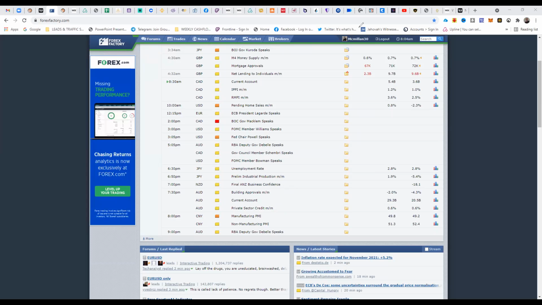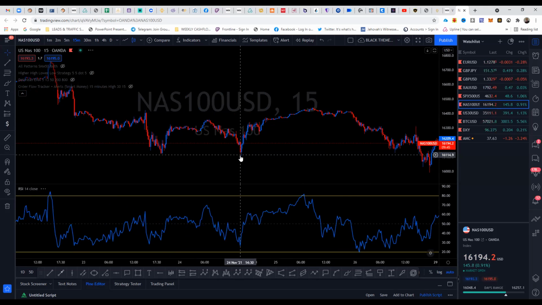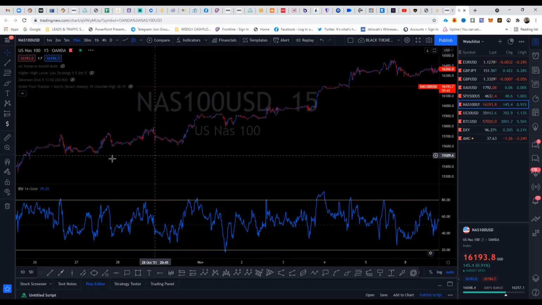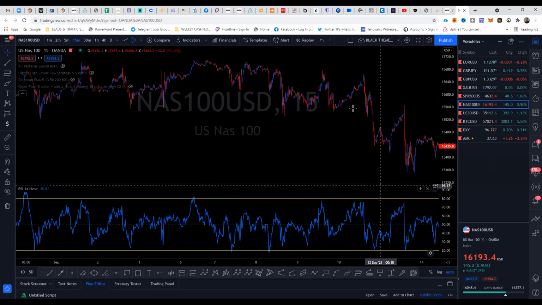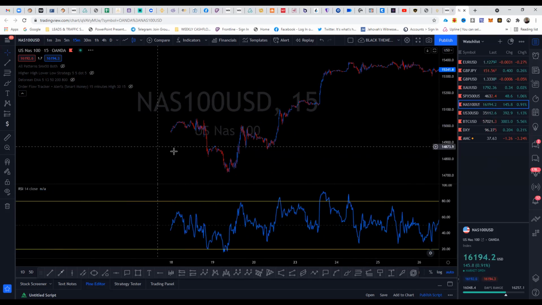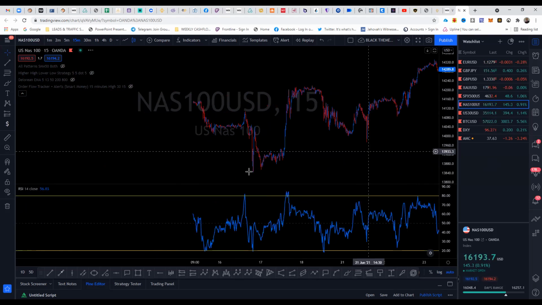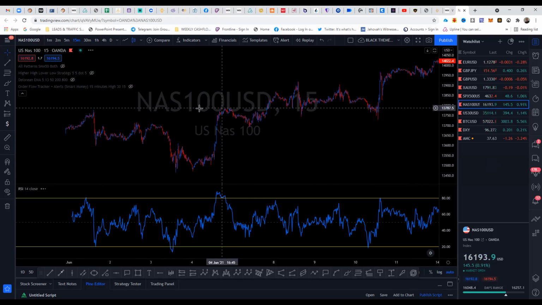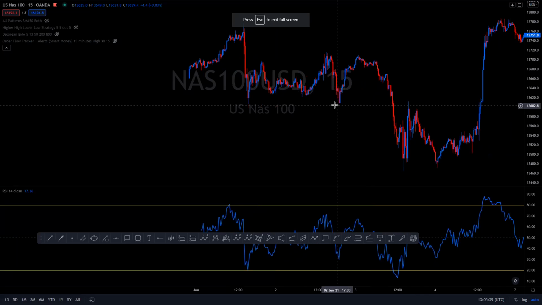All right, but we're going to be trading NAS100. So let's go ahead and get started. Of course, the first step is that we're going to mark up market structure from the 15-minute to the 4-hour. All right, so now we're all the way up until this point here.